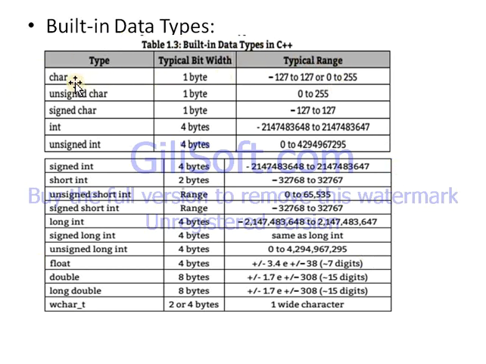For example, char means character is a built-in data type. Next, unsigned char, signed char, integer, unsigned integer, signed integer, short integer. These are all the built-in data types present in the C++ language.